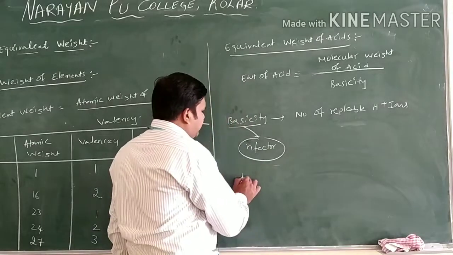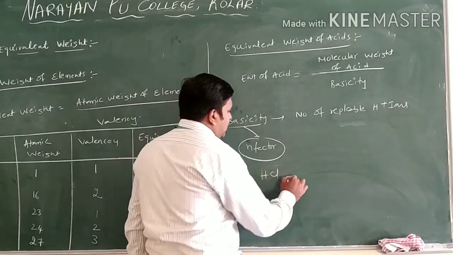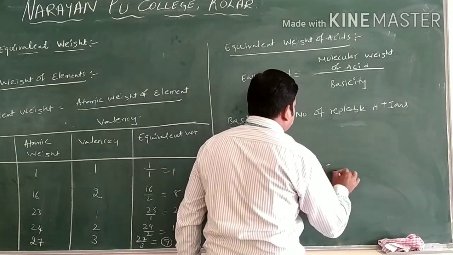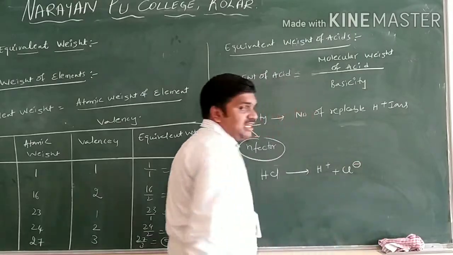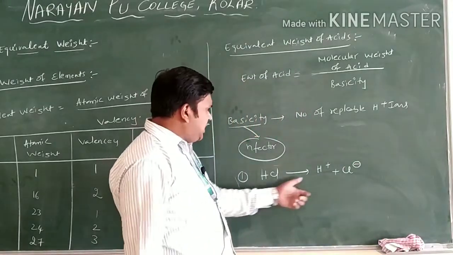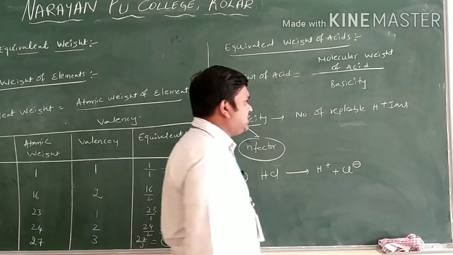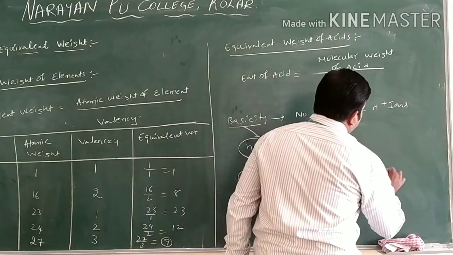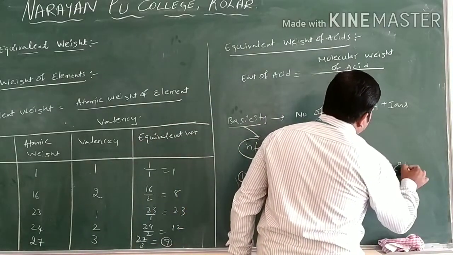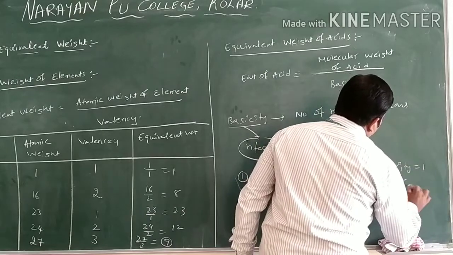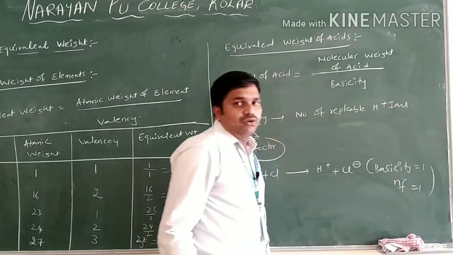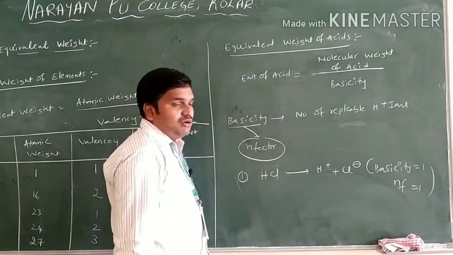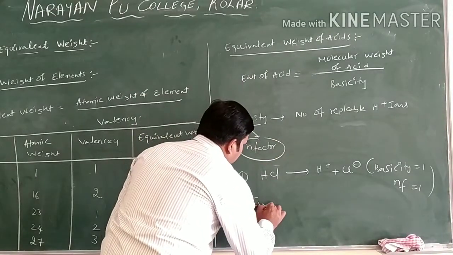Let us see one example. Take HCl. HCl can be dissociated into H plus and Cl minus ion only. So HCl gives how many H plus ions here? We have one H plus ion only. You will write basicity is equal to 1, or you can write N factor is equal to 1 only. Now we have to find out the equivalent weight of acid.